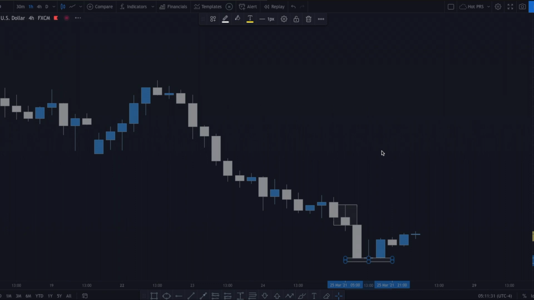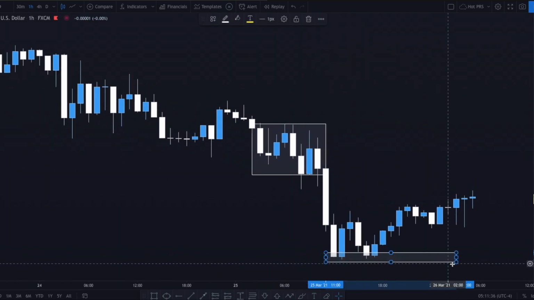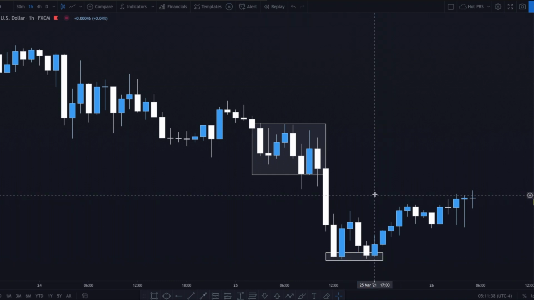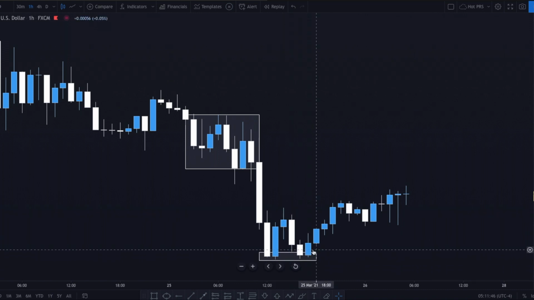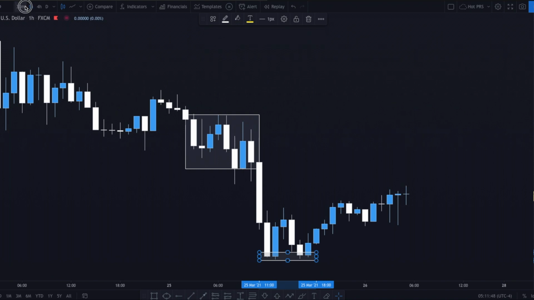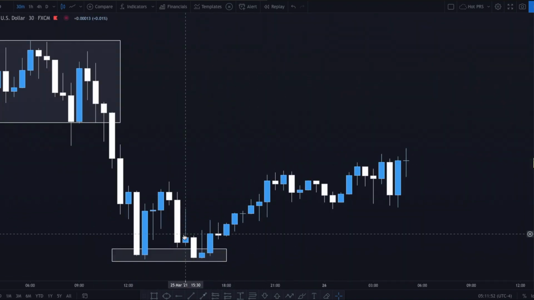And on the 1 hours time frame, price came back up. We had this close right above here, and then price came back down again for a second retest, which is a double bottom, and from there price continued to move to the upside.